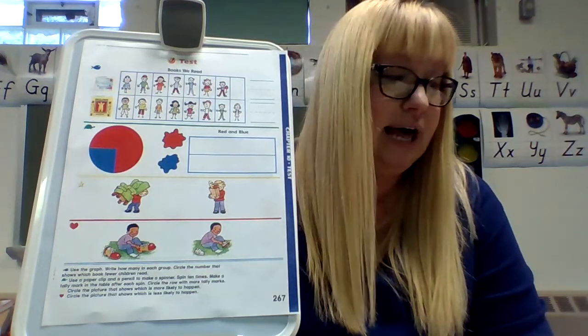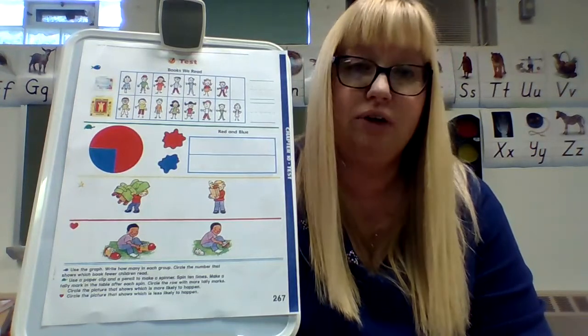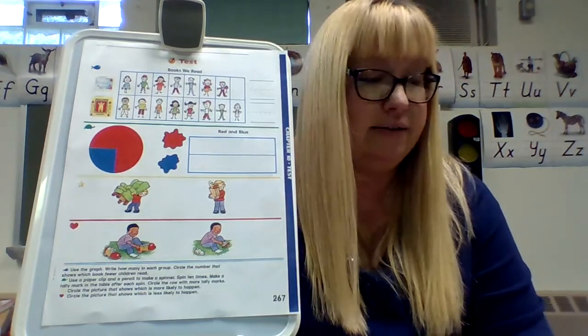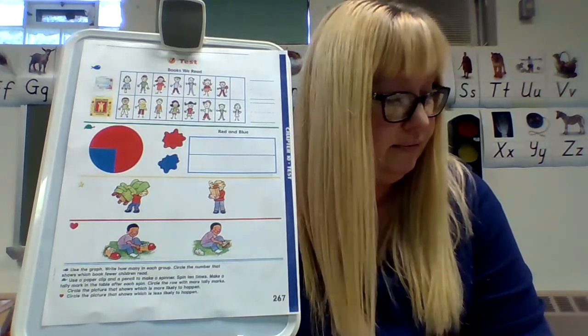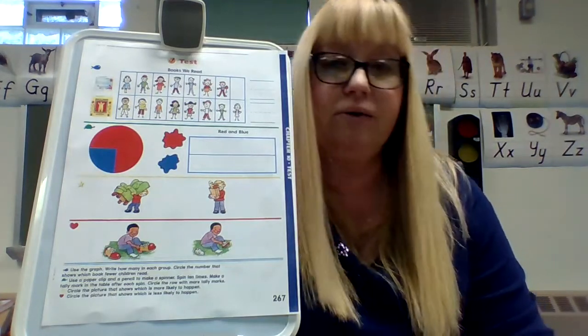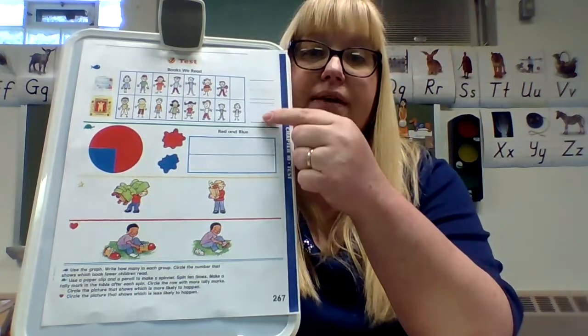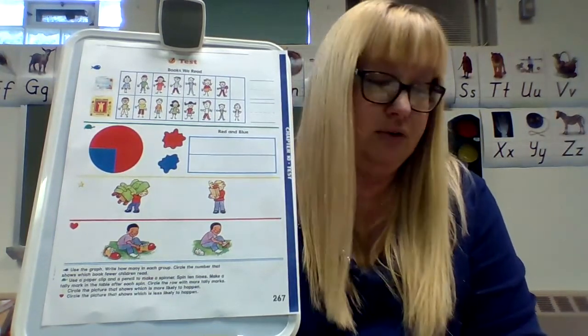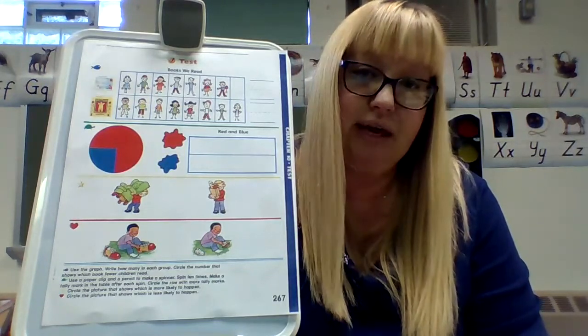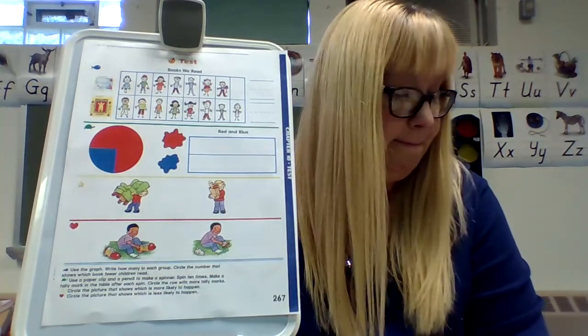If you need to, draw little lines on them as you count to help you keep track. Always do that so you don't make a mistake and count something again or skip something. Count them in both rows and write your numbers of how many kids in each row. Make sure I give everybody enough time to do that. Okay.